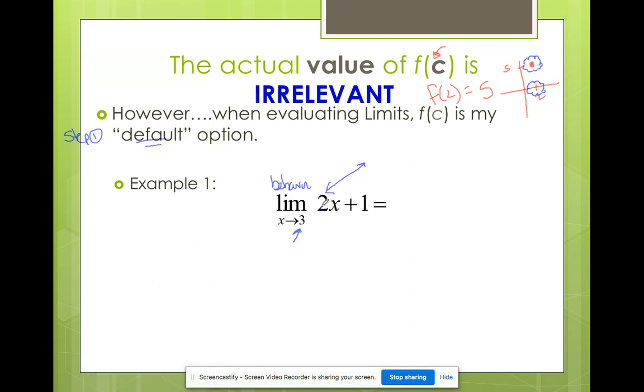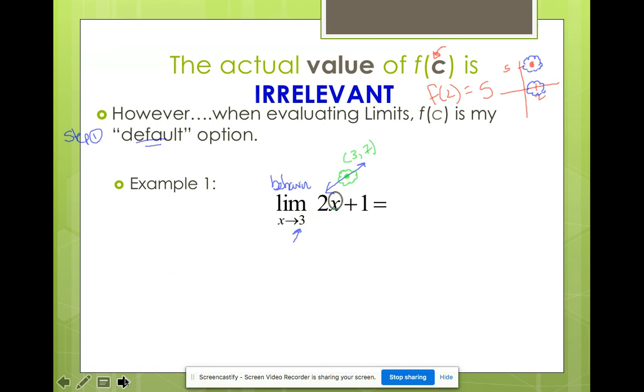If you plug 3 in here, 2 times 3 is 6, plus 1 is 7. When x is 3, y is 7. But the function all around, because of the behavior of a linear function, the behavior of the function all around where x is equal to 3 is pretty darn close to 7. That's the idea of a limit.